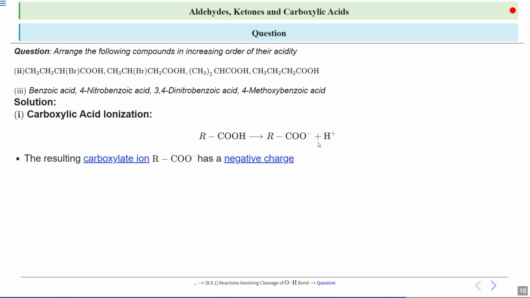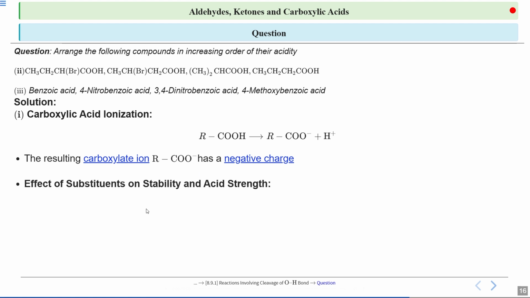The resulting carboxylate ion has a negative charge. This negative charge is crucial because the stability of this ion affects the acidic strength. That is, the more stable the carboxylate ion, the stronger the acid.